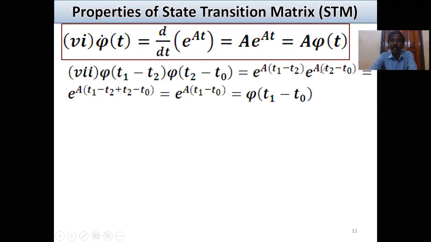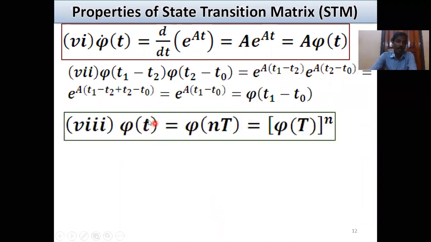Then we get the second term e to the power A(t2 minus t0). Just adding, we get e to the power A(t1 minus t2 plus t2 minus t0), then we get e to the power A(t1 minus t0), which equals phi of t1 minus t0.